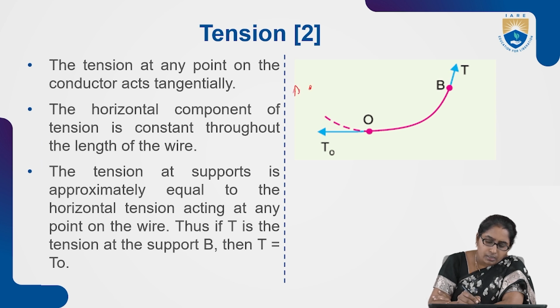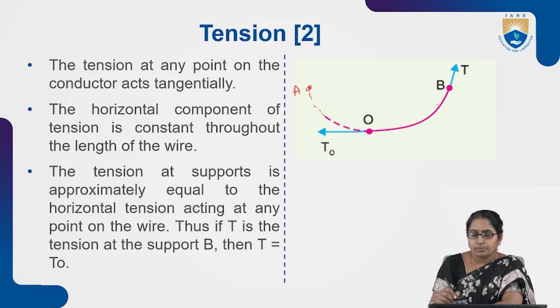Of course, here we see only half part of the suspended conductor. Point B is nothing but electrical tower, electrical pole B. The other tower is A.